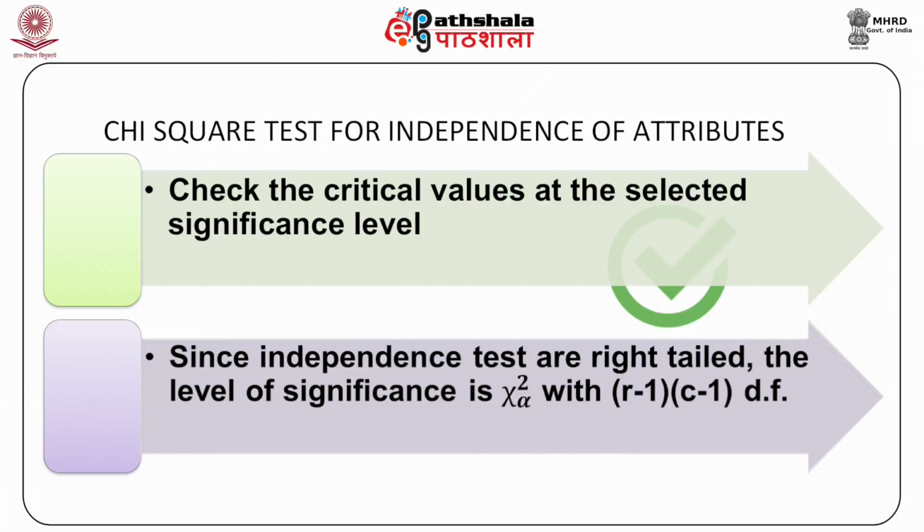Since independence tests are right-tailed, the level of significance of chi-square for alpha with degrees of freedom (r - 1) into (c - 1), where r is the number of rows and c is the number of columns.